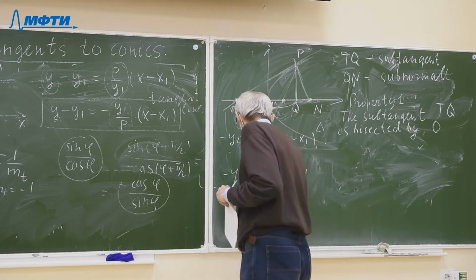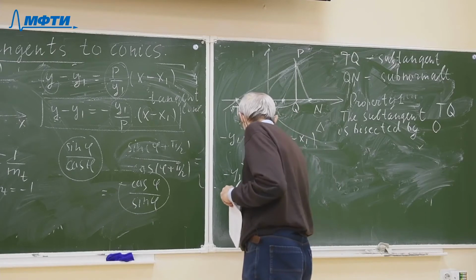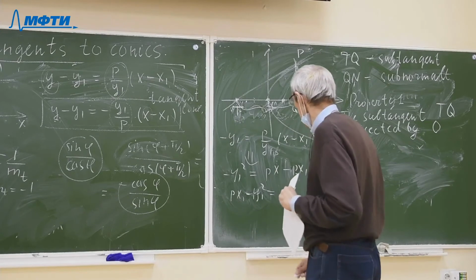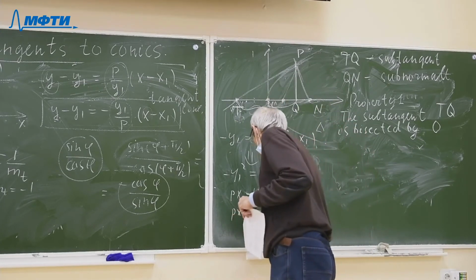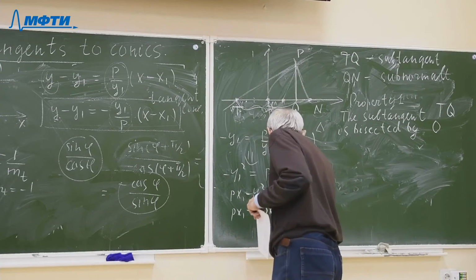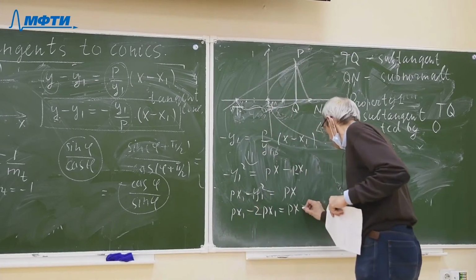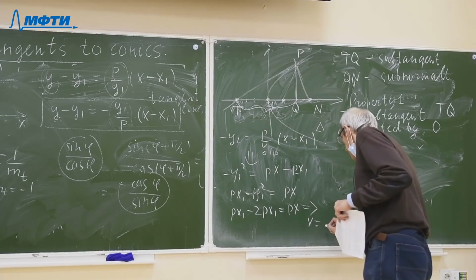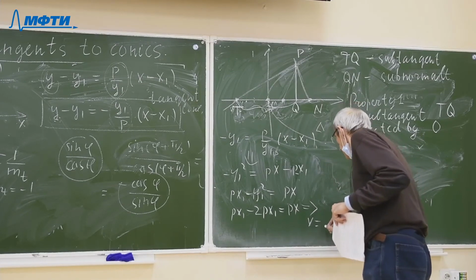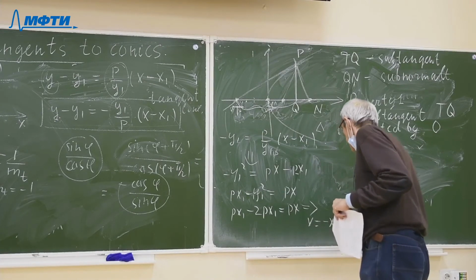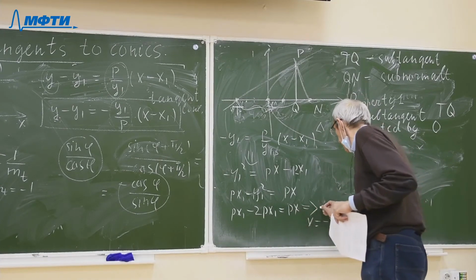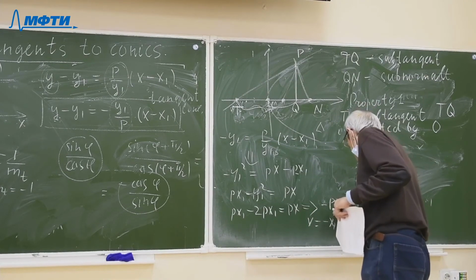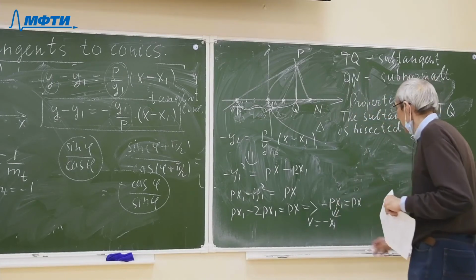Then px1 minus 2px1 is equal to px, and we obtain that x is equal to minus x1.